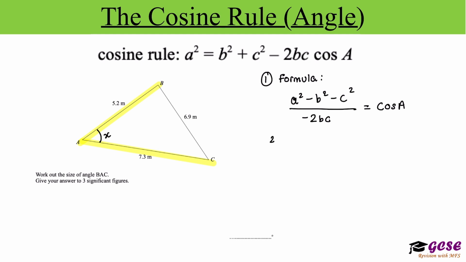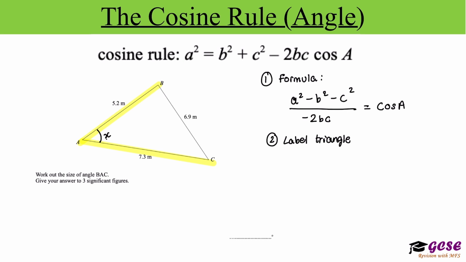Okay, step 2 is going to be label the triangle. Okay, and remember the A, the capital A or lowercase a, has to be on the side or the corner that you don't know.